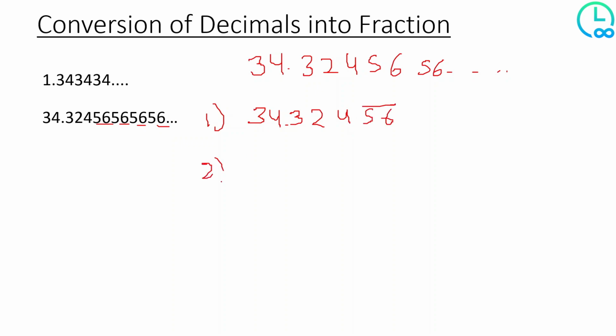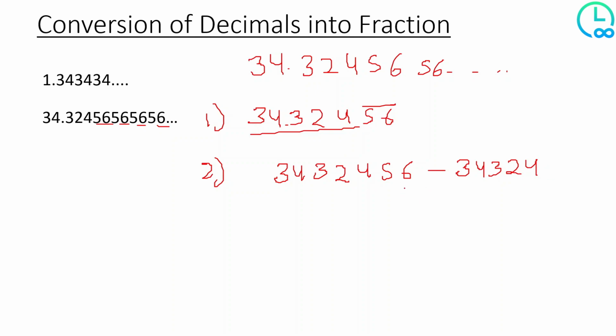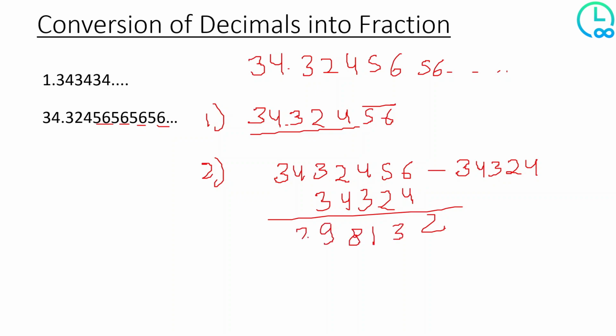Second step, I will remove the decimal and subtract the non-repeating part. The non-repeating part is this one. 34, 32, 24. This will become our numerator part. So let's subtract: 3, 4, 3... I hope I am doing it right. 2, 3, 1, 8. So this is the numerator part.